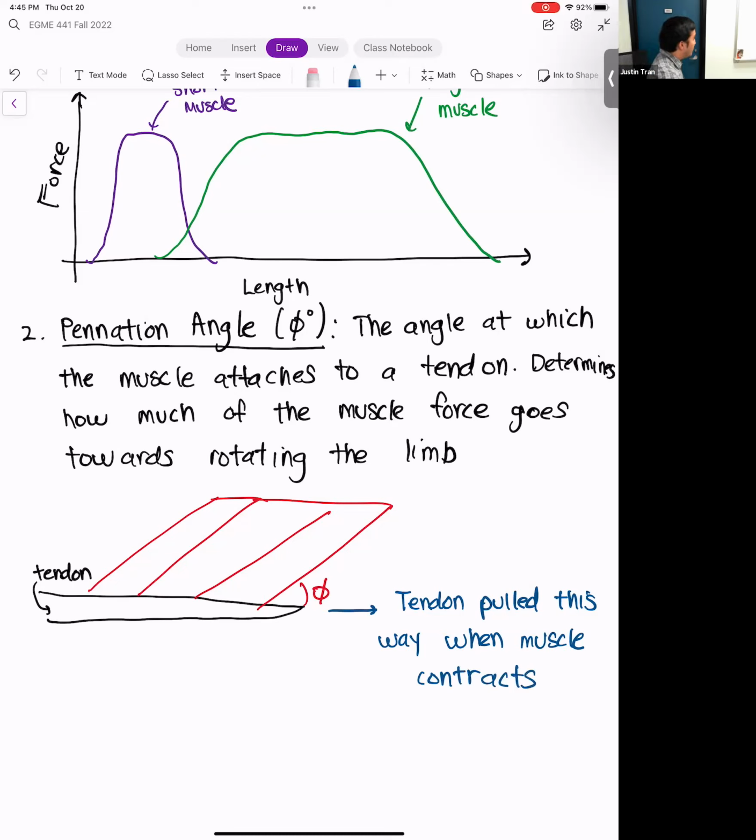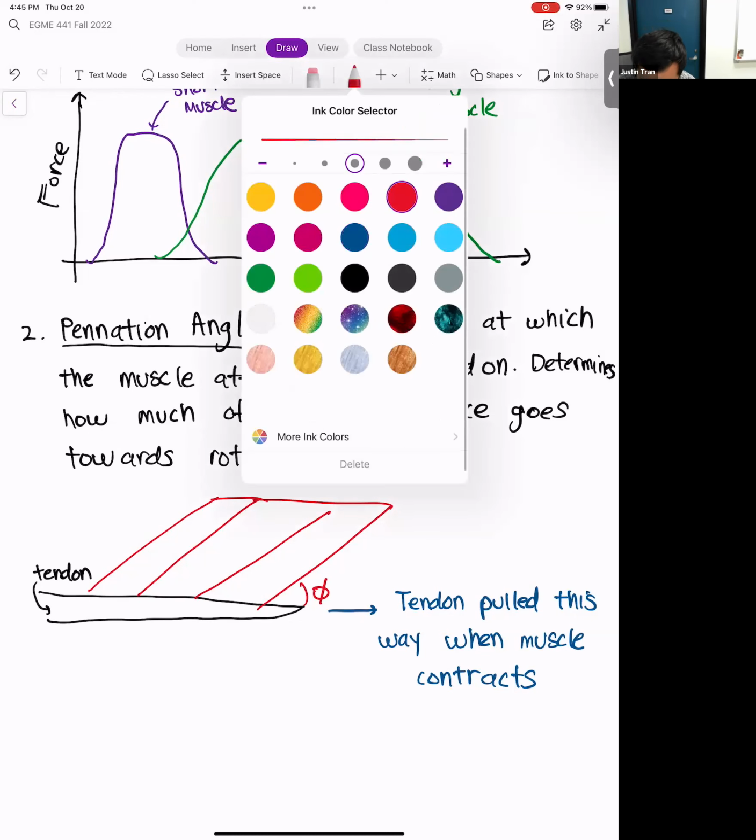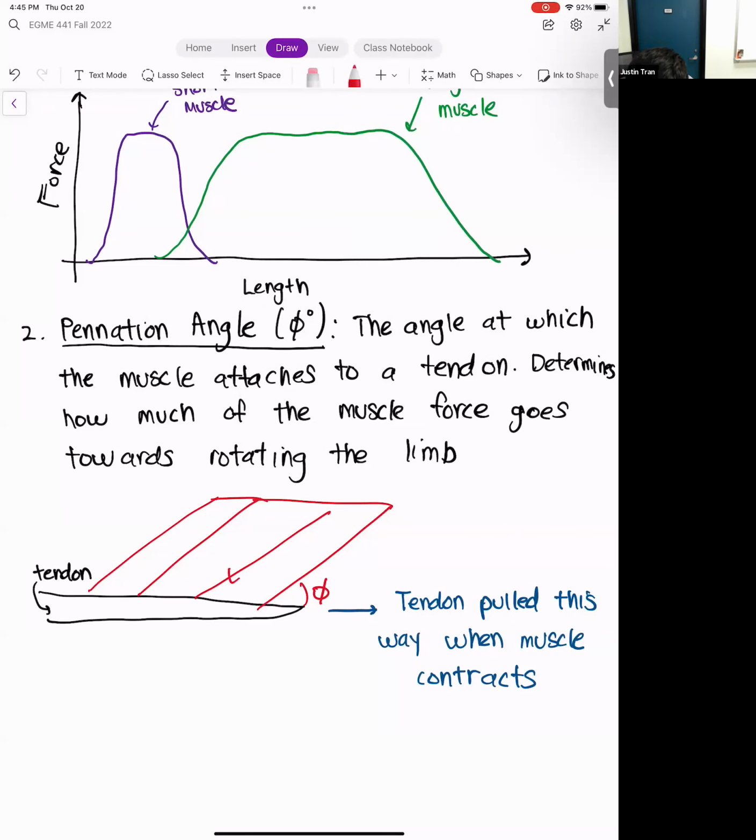So the tendon is going to be pulled that way. If the line of action for the tendon is horizontal, then when the muscle contracts, it's going to contract along the fibers.